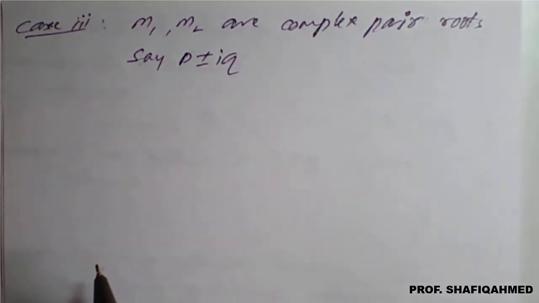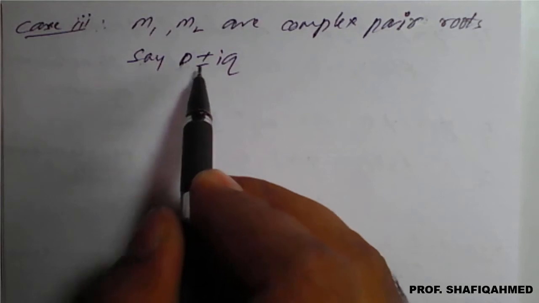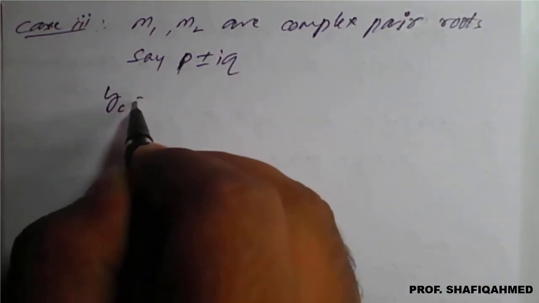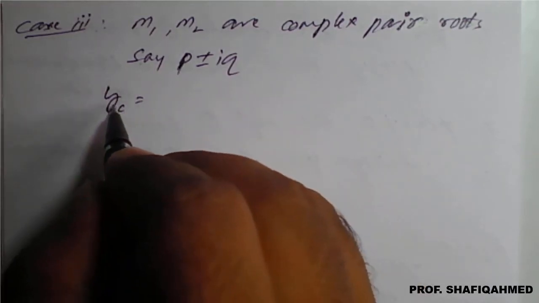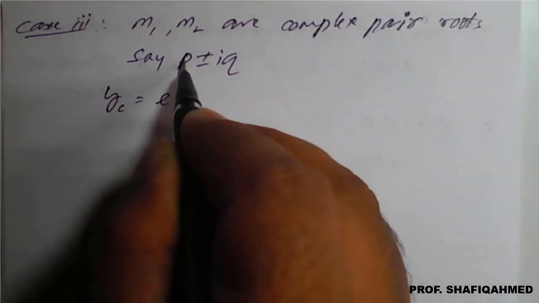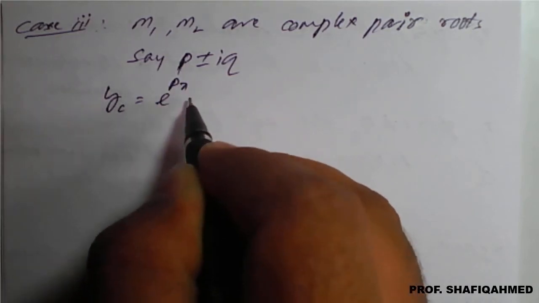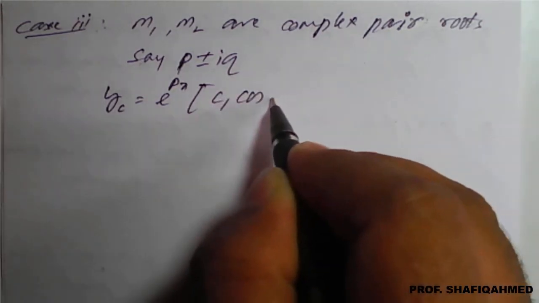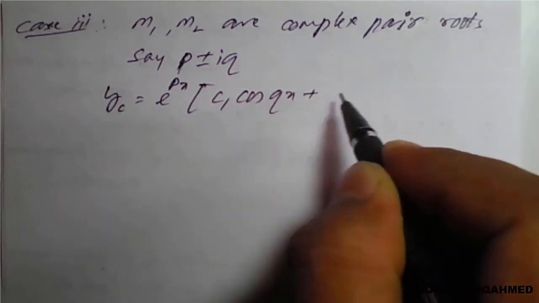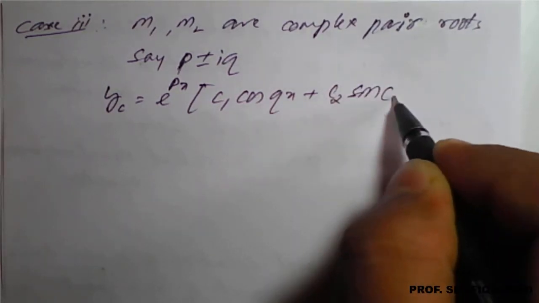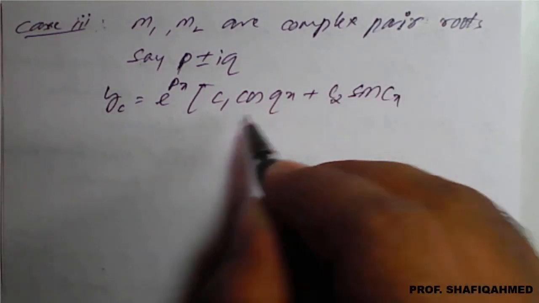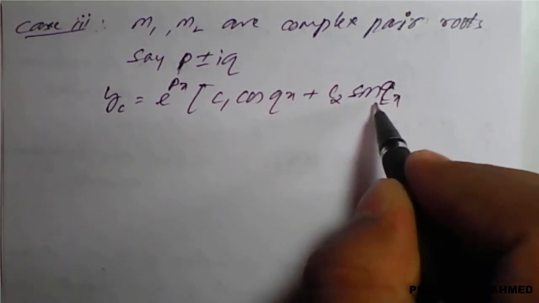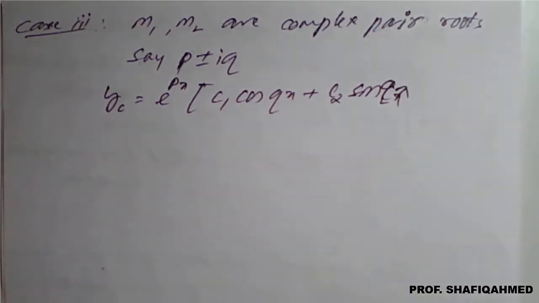If the roots are like that, p plus or minus iq, then at that time the complementary function is yc is equal to e raised to the real part, that is px, into c1 into cos of qx plus c2 into sine of qx, q into x it is.